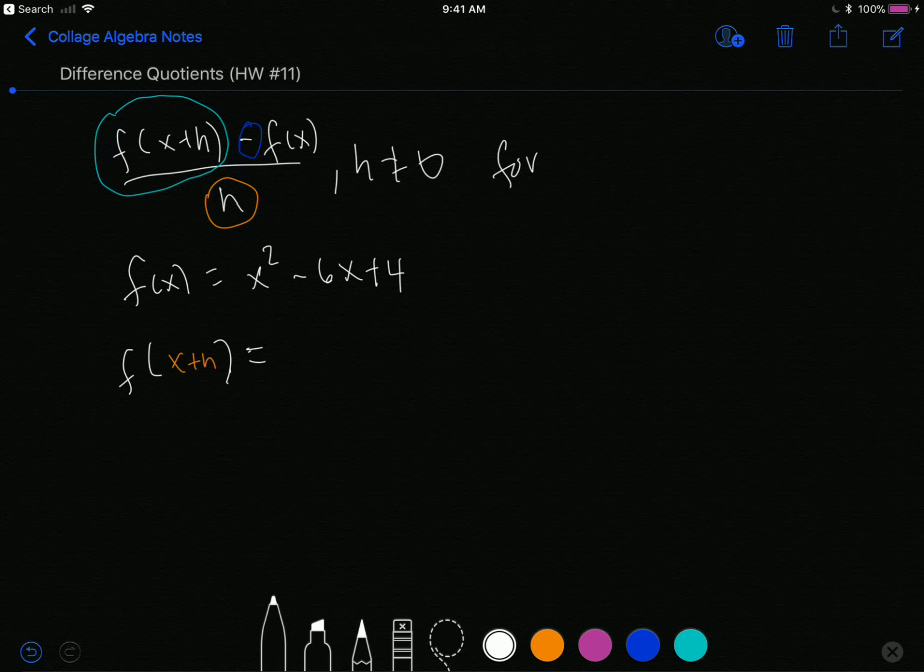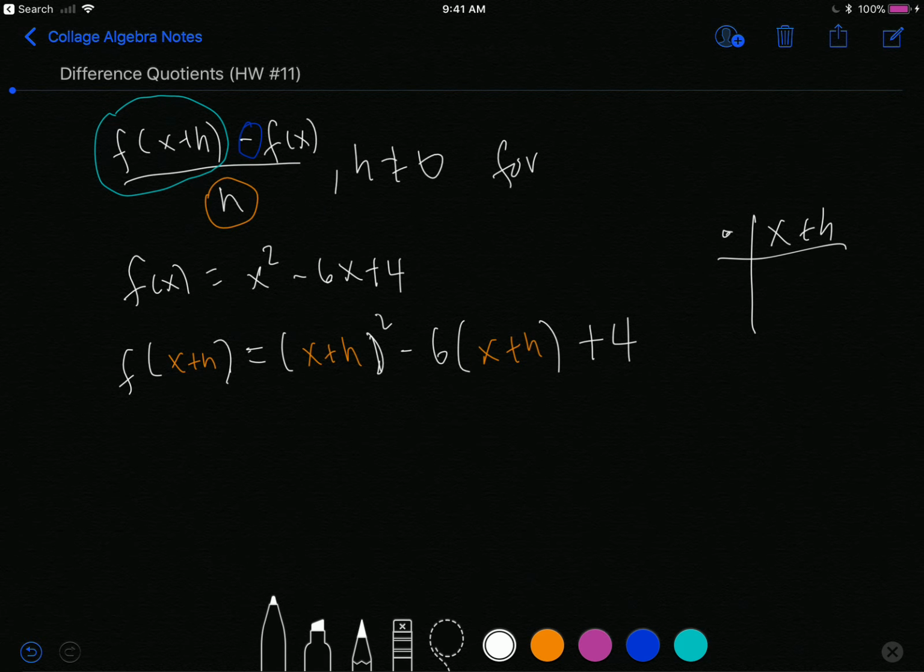And so that will become (x plus h) squared minus 6 times (x plus h) plus 4. Now, we covered this before, but (x plus h) squared needs to be either FOILed or multiplied out carefully. I'll do it over here.